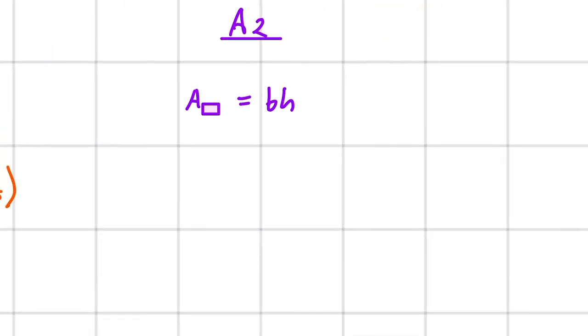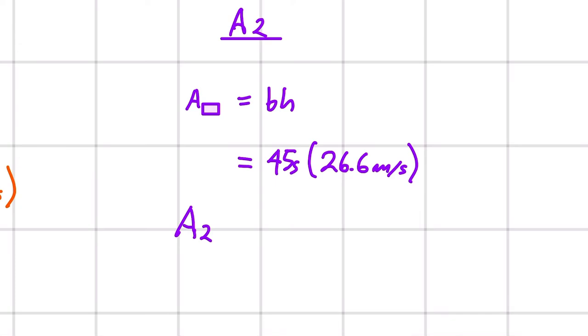So let's plug those values into our formula. So that's the base of 45 seconds and the height of 26.6 meters per second. Plugging that into our calculator, we get a final answer of A2 of 1,196 meters.